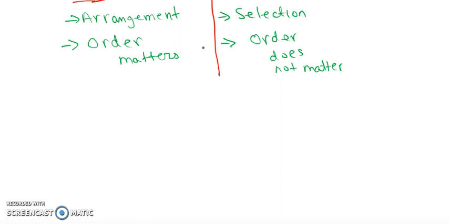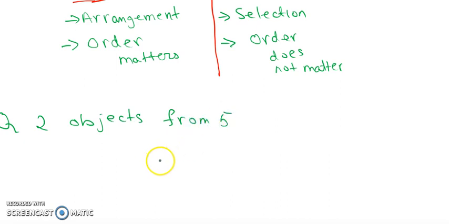A quick question from AJ Sadler would be: how many combinations are there of two objects from 5 different objects? You could quickly write down the mathematical notation for it. You have 5 and you're selecting 2.